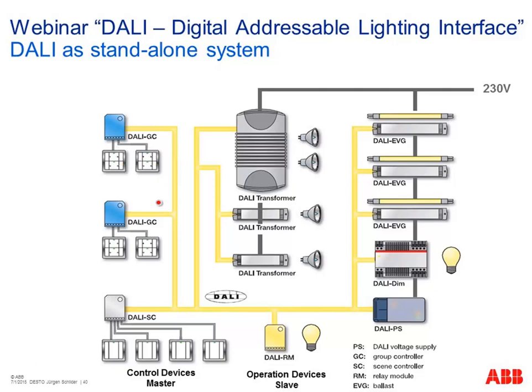We have group controllers, or later I will explain also these so-called scene controllers. And these devices send the commands onto the DALI world, and our operating elements are listening to the commands for switching, dimming, and scene applications, for example, sequences and such more things. This was the idea when they founded this system, our DALI system.